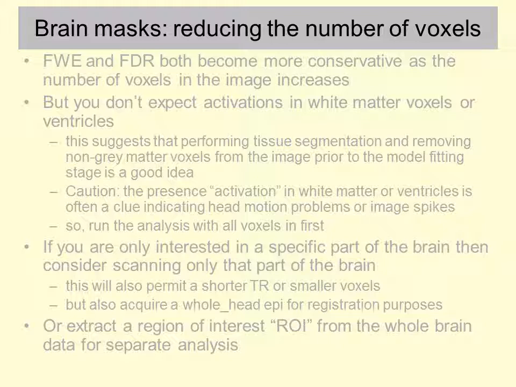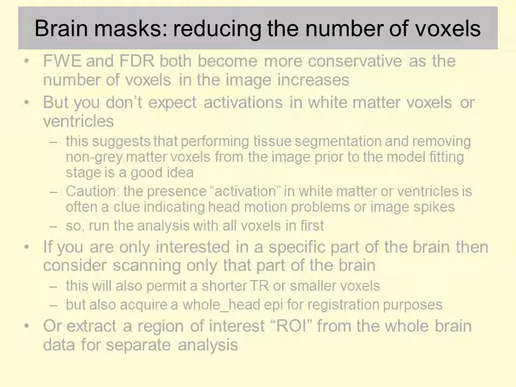Another thing you can do to try and improve your statistics is the use of a brain mask, which basically is a mask that attempts to isolate just the grey matter or just the parts of the brain you're interested in, thereby reducing the number of voxels being considered and hopefully easing the multiple comparisons problem.